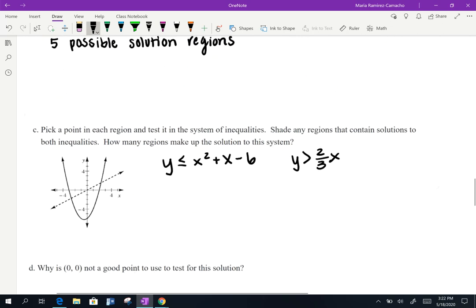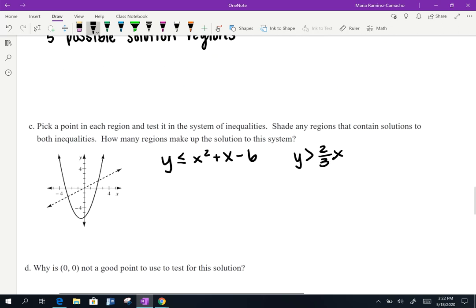Let's test points and see where we're going to shade. For this parabola, I can test a point on the inside of the parabola or on the outside. Let's pick one on the inside. Let's pick (0, 4). So in my original inequality, I'm going to plug in 0 for x and 4 for y.